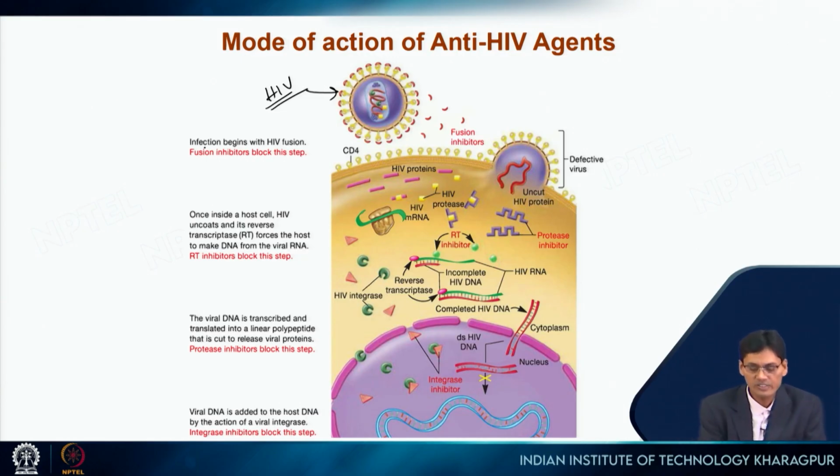Infection begins with HIV fusion. As a result, we can use fusion inhibitors so that the virus will not fuse with the host cell itself. That is one important drug that can work against HIV. The next step is, once inside the host cell, HIV uncoats and its reverse transcriptase forces the host to make DNA from the viral RNA.